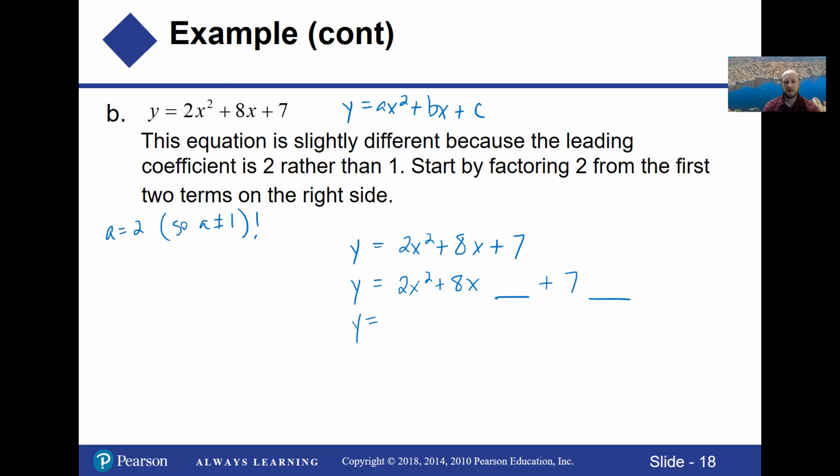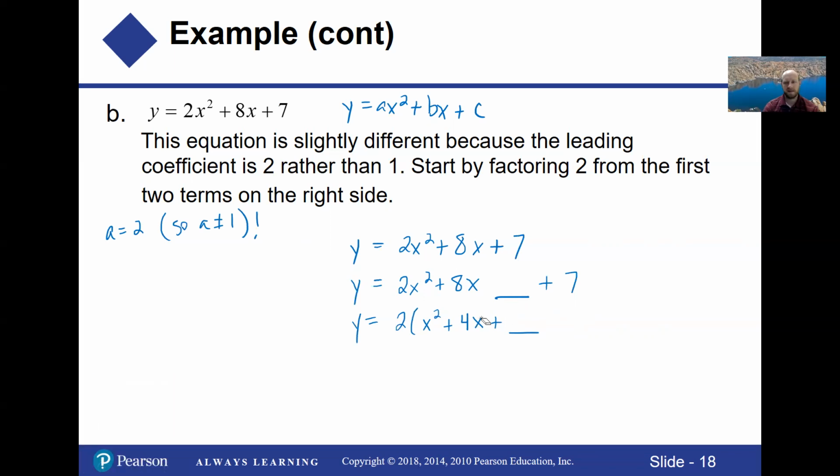I'm going to factor out a 2 from these 2 terms, not your greatest common factor, but just your common factor from your coefficients, 2 and 8. So now I have x squared plus 4x, plus something.